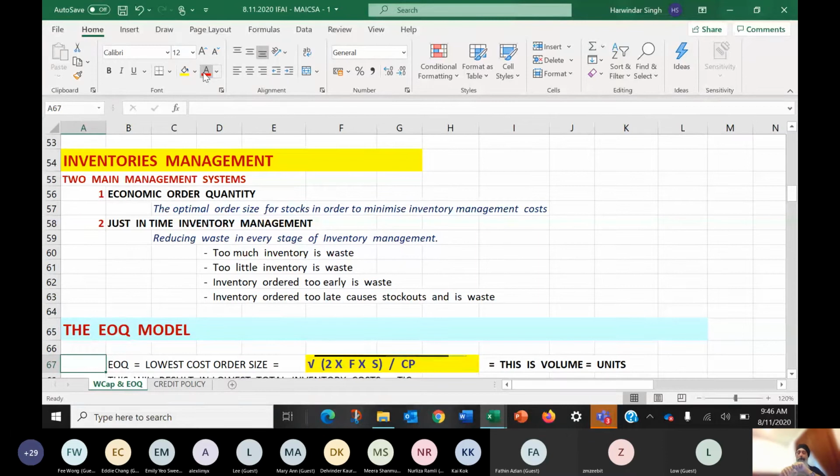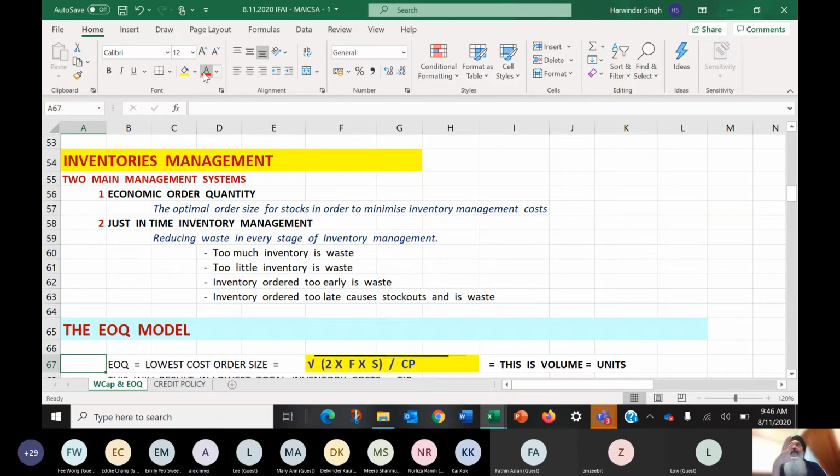Two main systems of inventory management. One is the EOQ model, on which they have both theory questions as well as computational questions. JIT is not really a subject of computational calculations, unless they give you a case study scenario, which I don't think is likely, because now the paper is called Interpreting Financial and Accounting Information.